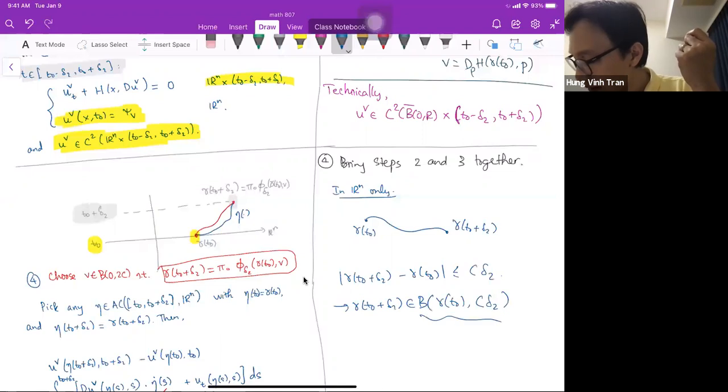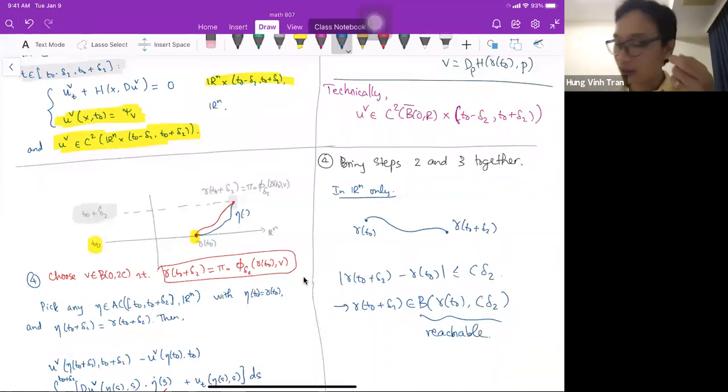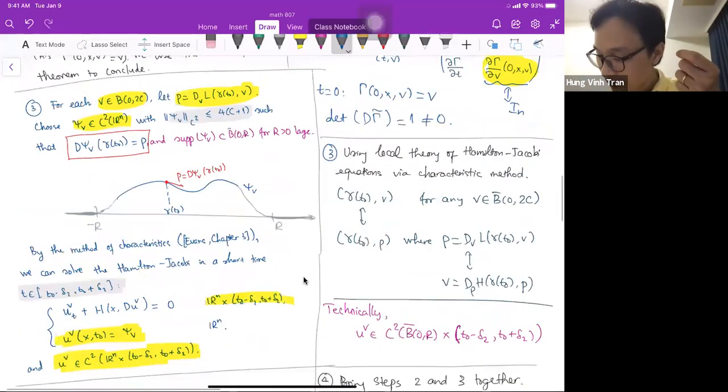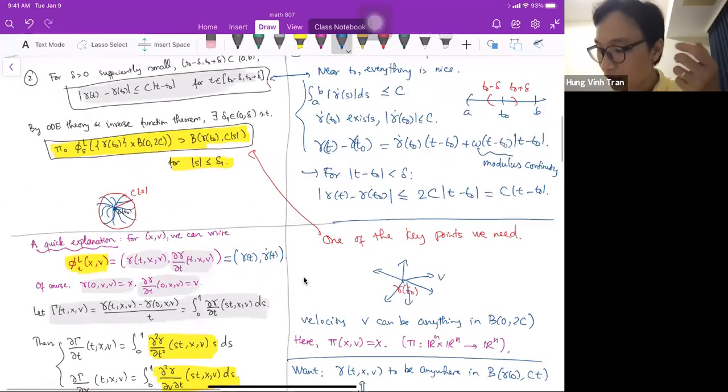So this is essentially reachable if we use the earlier part, oh, I'm sorry, in step 2, right?